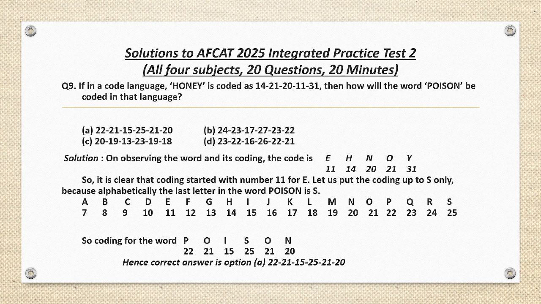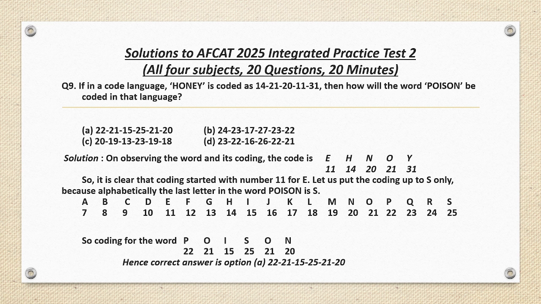So in the coding, number 11 has been given for E, and number 14 for H: E, F, G, H, 11, 12, 13, 14. Here the series is starting with number 7 for A, number 8 for B. Instead of 1, 2, 3, the series started with 7, 8, 9. So that is the series.